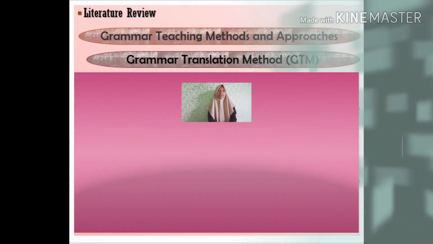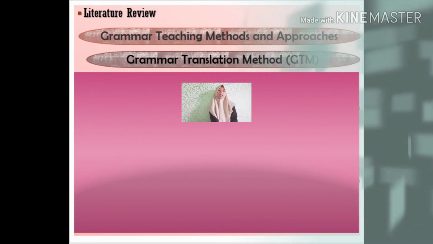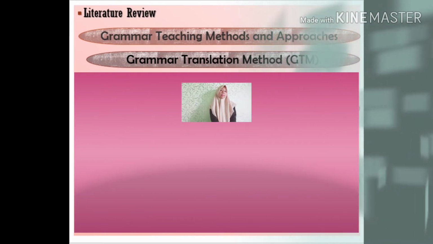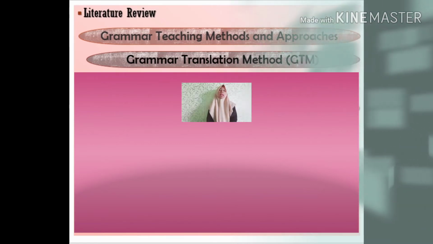Now we are going to the literature review. The first is grammar teaching methods and approaches. There have been many methods and approaches of grammar instruction offered by the experts, and each claims to give the most effective outcomes. The second is Grammar Translation Method or GTM.